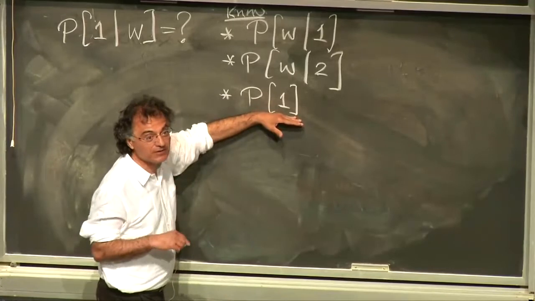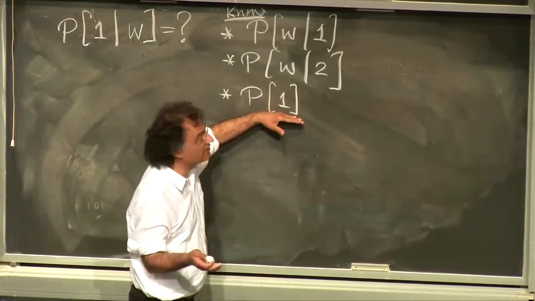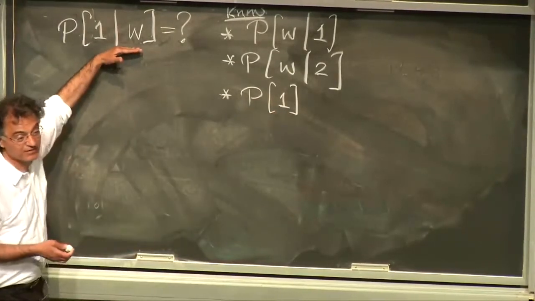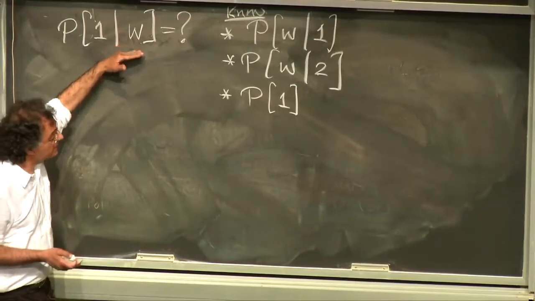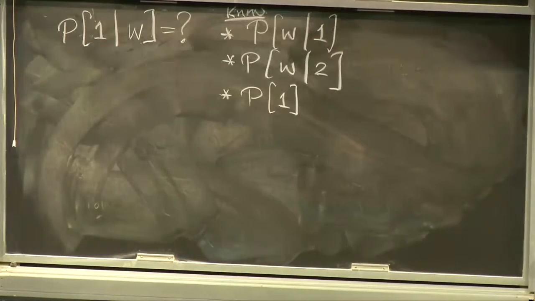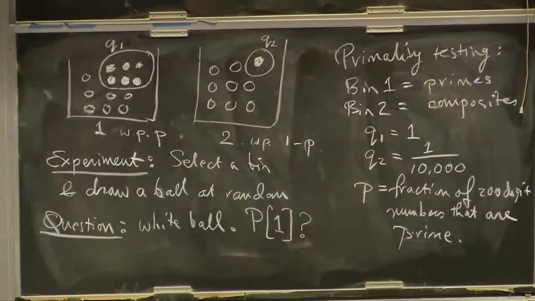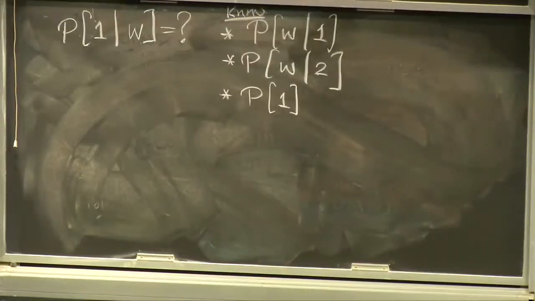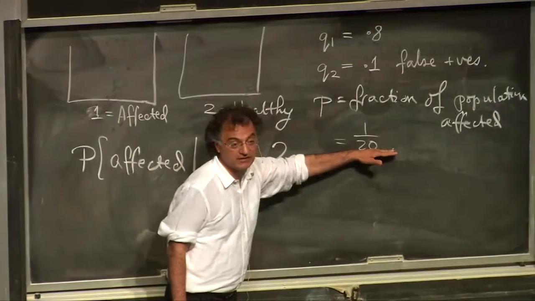Now, this was the probability we chose bin 1 to begin with. But now, after we did the experiment, we are in this situation. Before we did the experiment, we knew that with probability p, we picked bin 1. We know that the fraction of people who are affected is 1 in 20, right?